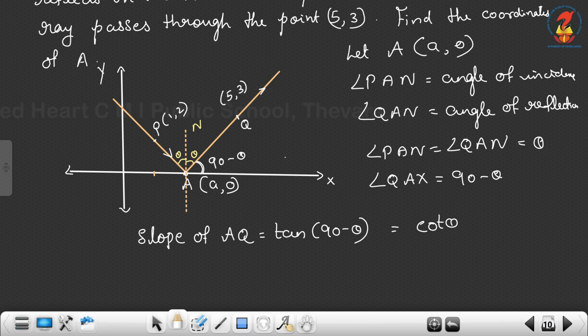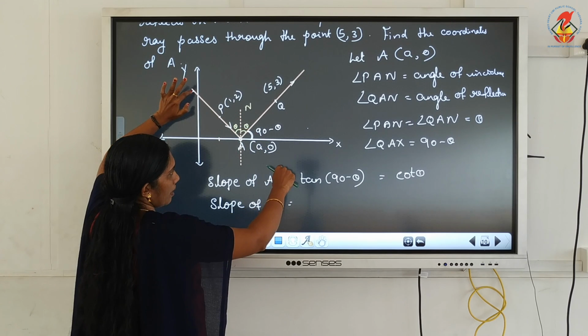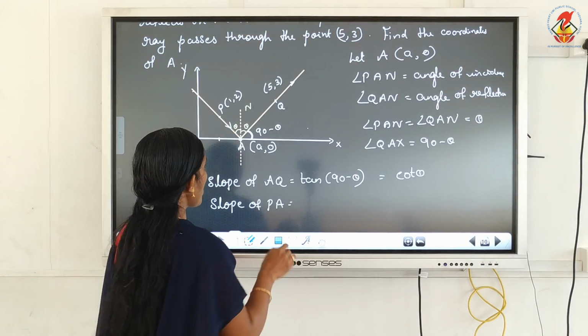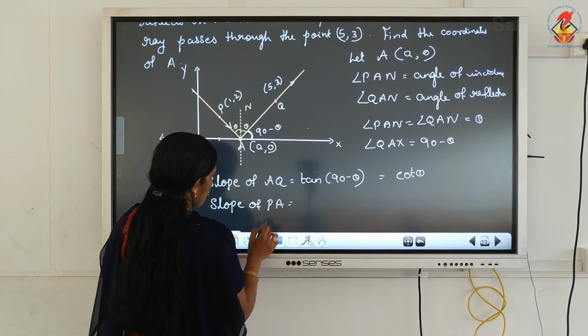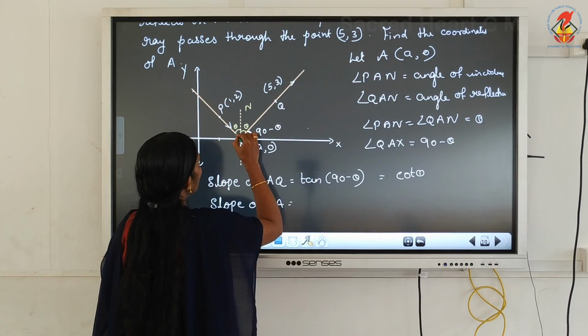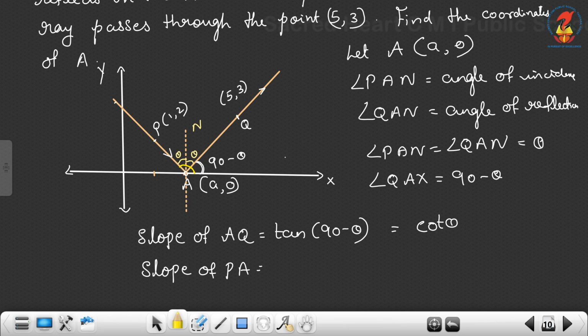Now we have another line, this PA. What is the slope of PA? This is PA. The slope means tan of which angle? This much angle you have to calculate. How much is that angle?